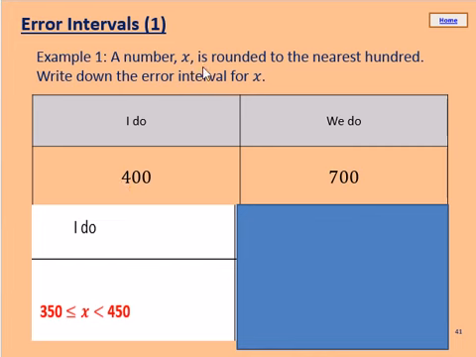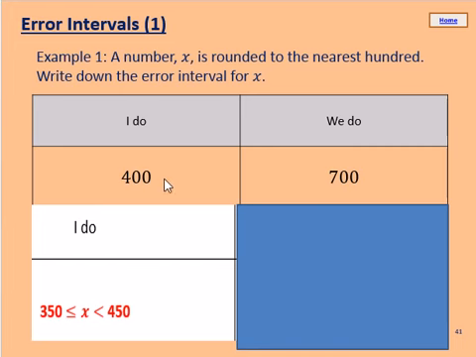So if a number's rounded to the nearest 100, you've got to think of all the numbers it could have possibly been to round to 400. So it could have been as low as 350, because 350 would still round up to 400. 349 would round down to 300, so it can't be 349, but it could be 350.